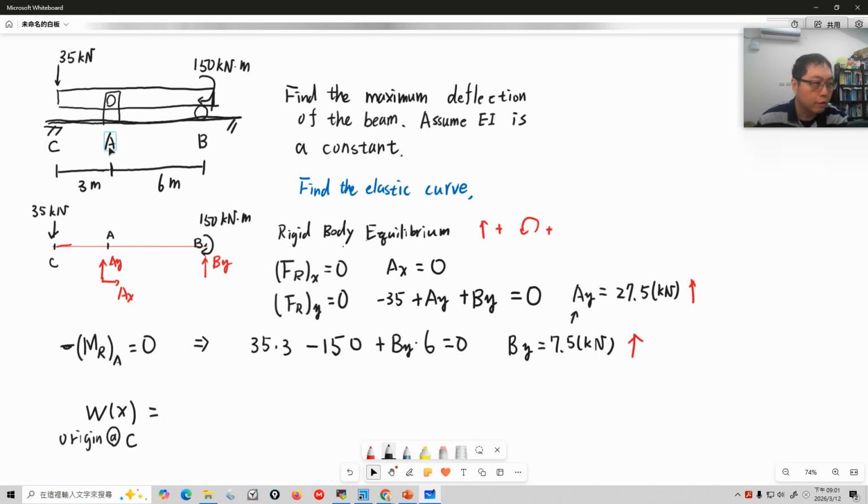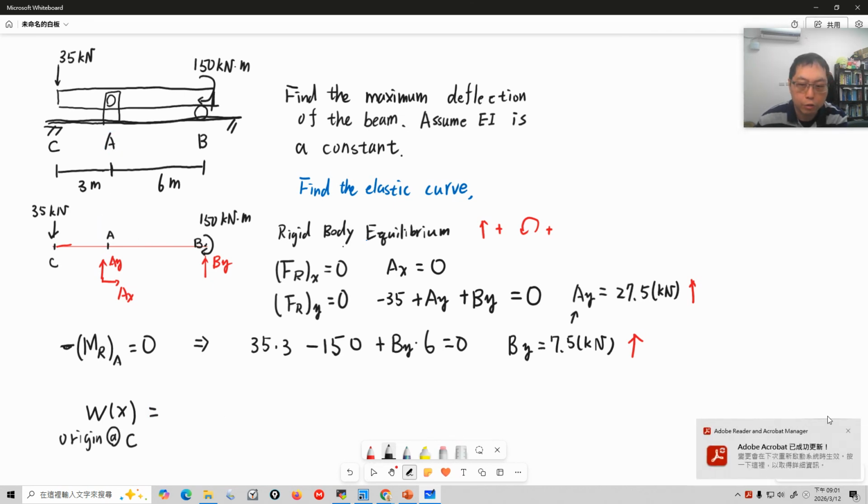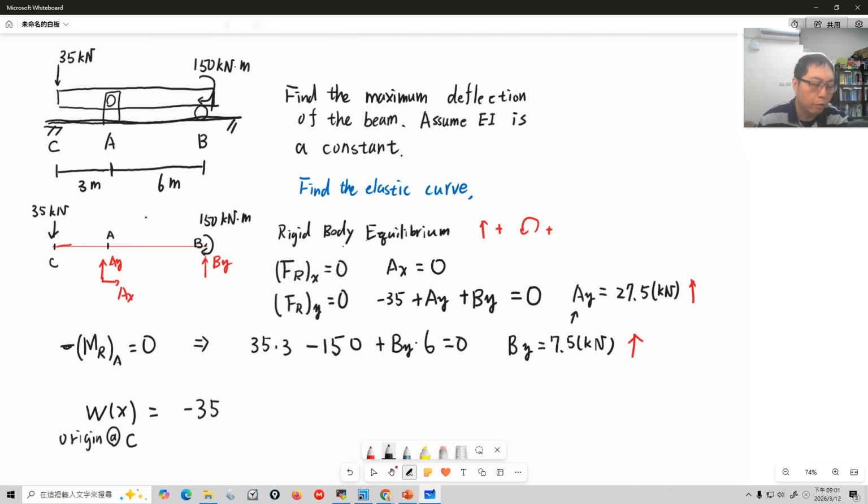First of all, we have a concentrated loading at position C pointing down, so it's negative. What's the power for a concentrated loading in a discontinuity function? It's -1, so x minus 0 to the power -1.